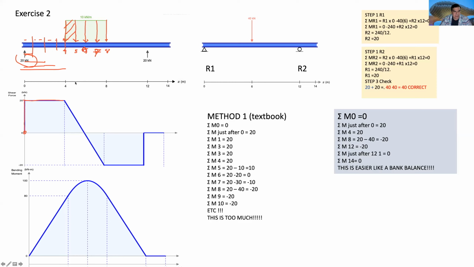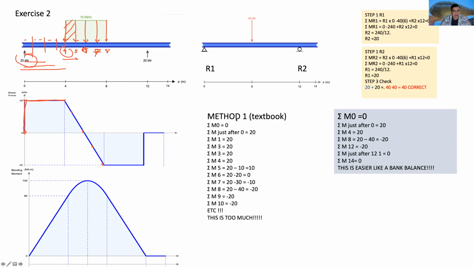That means that from 20, I need to go 10 down in this distance. I go 10 down and I arrive to 10. I go 10 more and I arrive to 0. I go 10 more and I arrive to minus 10. I go 10 more and I arrive to minus 20.